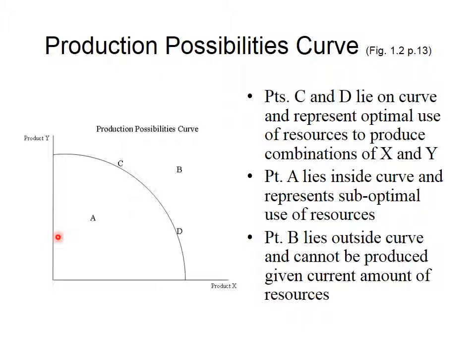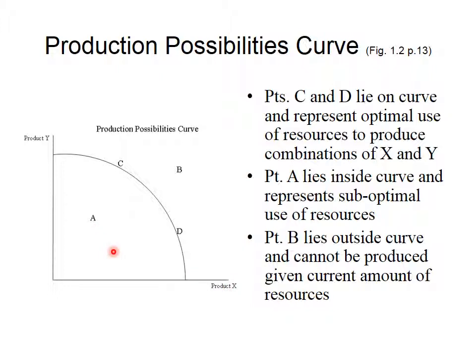Okay, the production possibility curve comes directly from what we said about opportunity cost. So look, product Y, product X. Doesn't matter what they are. Let's say boozing with my buddies, studying my economics. There's two things I can do. There's opportunity cost.